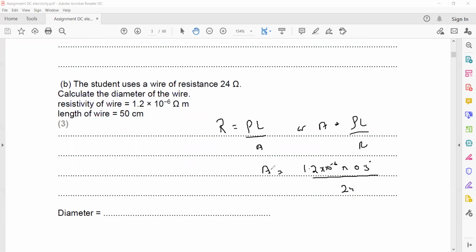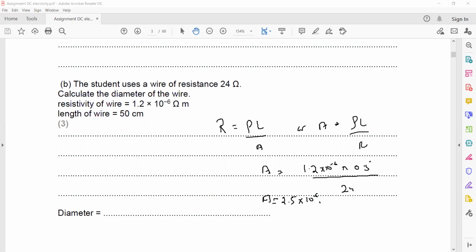That is 1.2 × 10^-6 multiplied by 0.5 divided by 24, which gives the cross-sectional area: 2.5 × 10^-8 meter square.